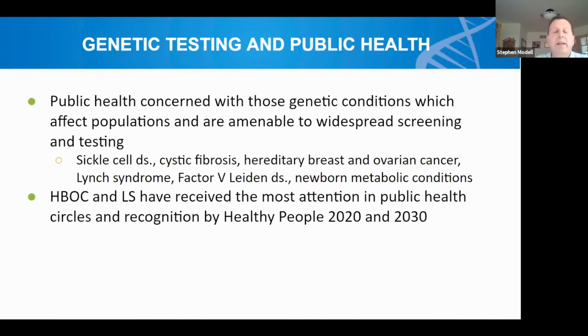Hereditary breast and ovarian cancer, or HBOC, and Lynch syndrome have garnered special attention in public health circles. For one, because use of genetic testing and family history have been validated for them on a population level. And secondly, they've received a lot of recognition by Healthy People 2020 and 2030. So that's what I'll be discussing today. Next slide.